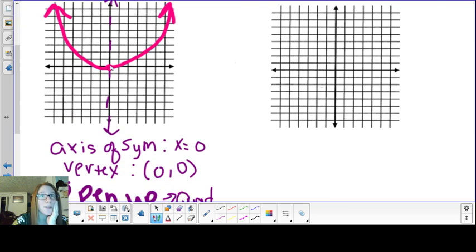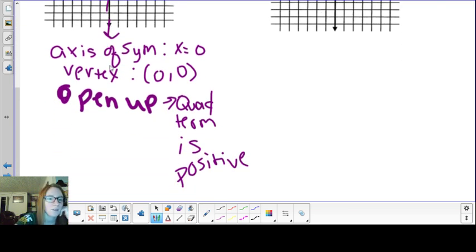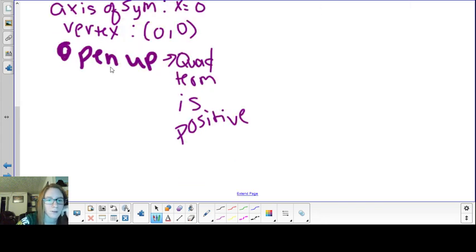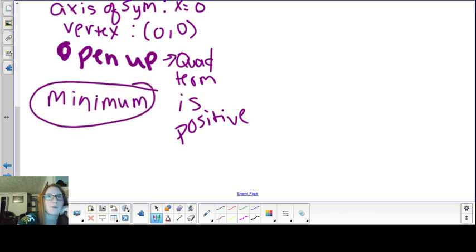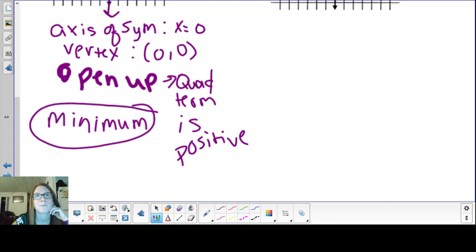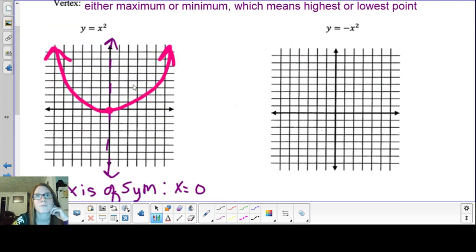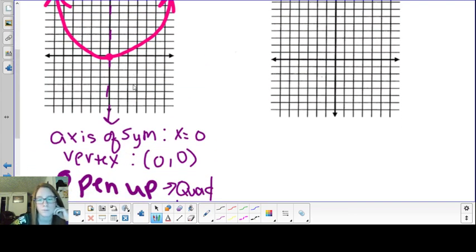This one would be a minimum because it's the smallest. When it opens up, you have a minimum.